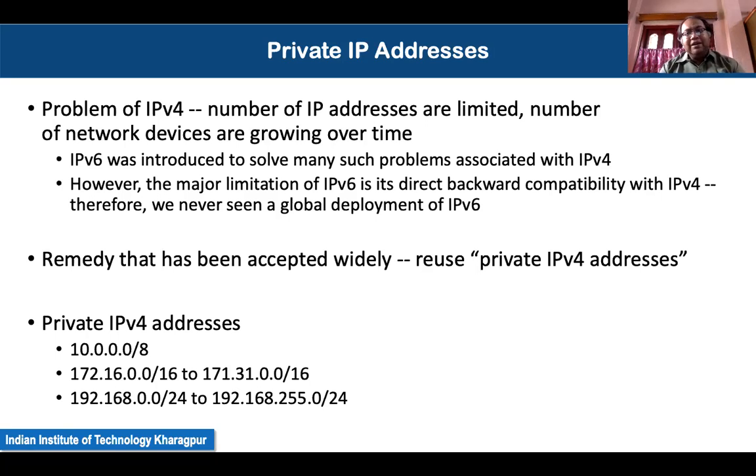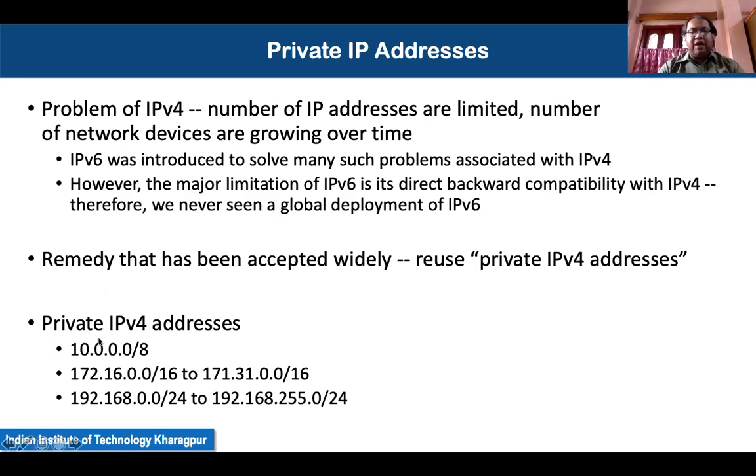Now, the major remedy that has been widely accepted across the globe to solve this IP scarcity problem is to reuse a block of IP addresses which are known as private IP addresses. In every class of IP addressing, class A, class B, or class C, we have a reserved block of IP addresses which is known as the private IPv4 address.